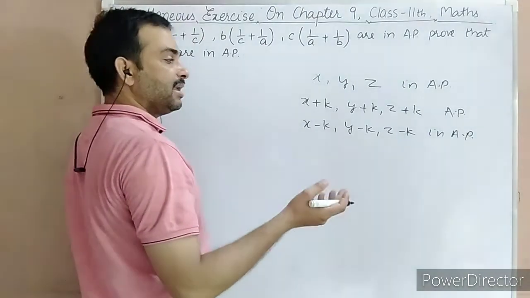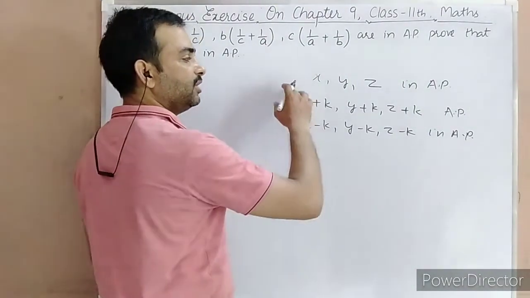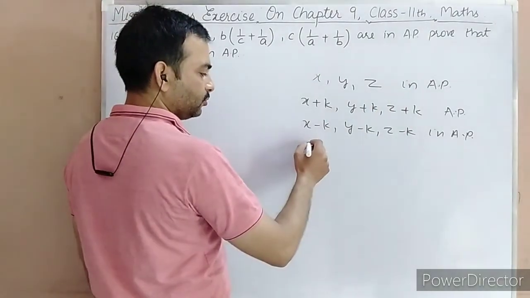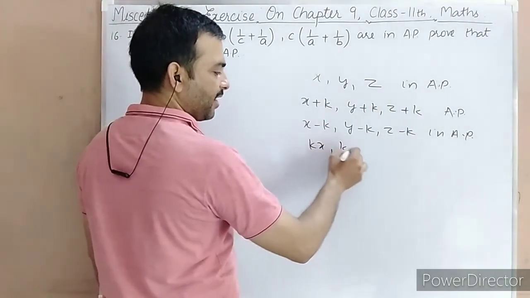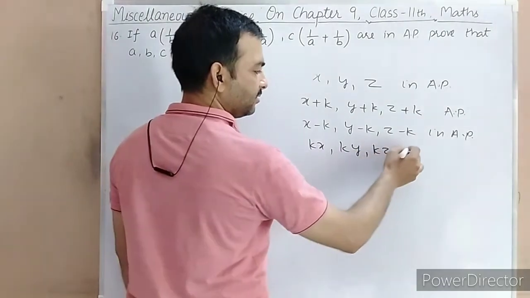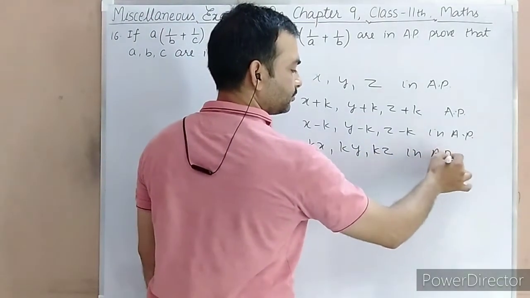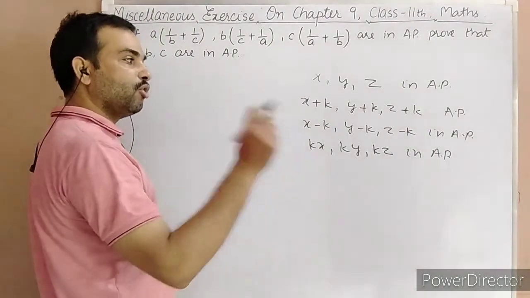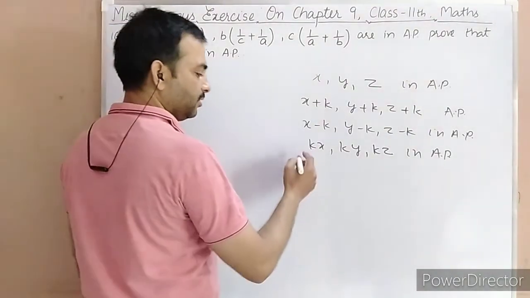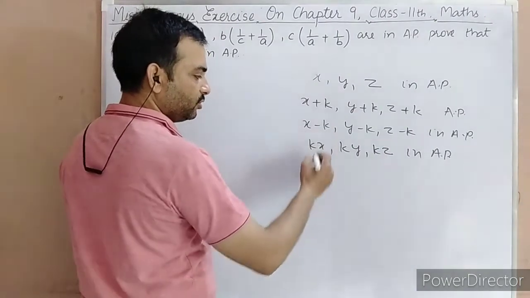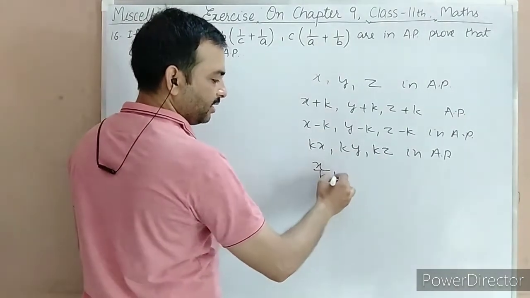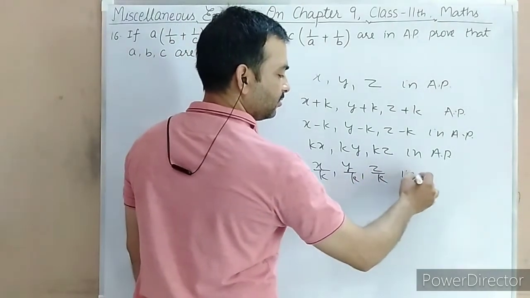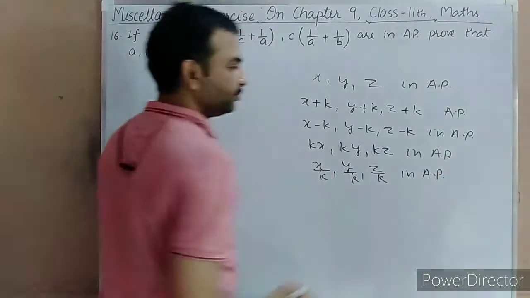I can multiply these three terms by a constant, then they again form an AP, so kx, ky and kz are in AP. If I divide these three terms by any non-zero constant, we can take k not equal to 0, so x by k, y by k and z by k again form an AP.